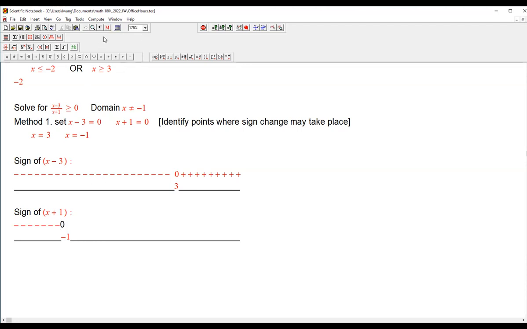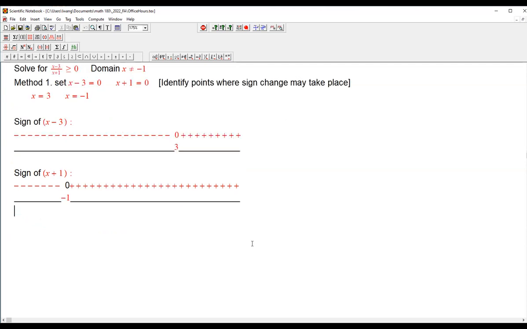That's similar to what we did before. There's some nuance, which is we have to consider the denominator cannot be 0.